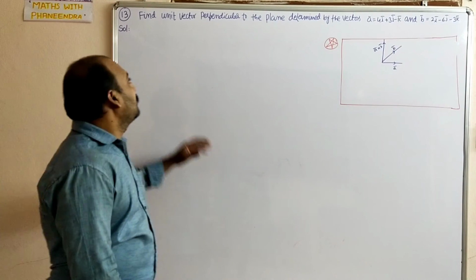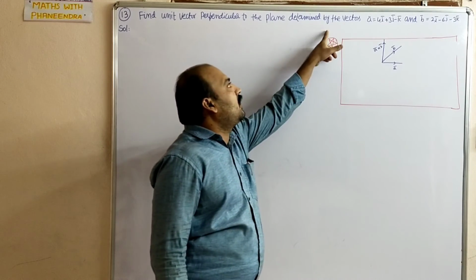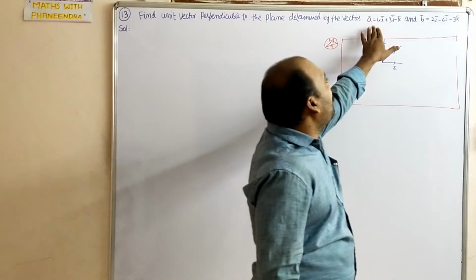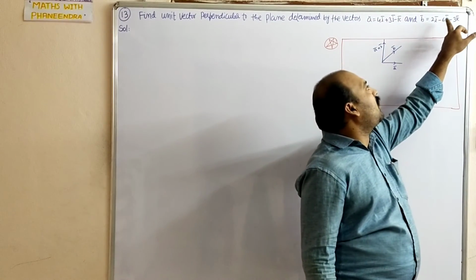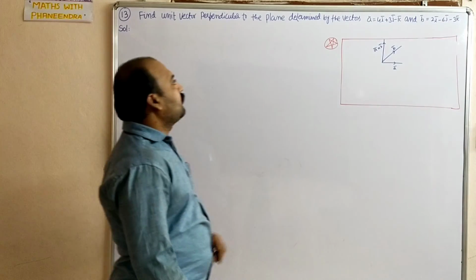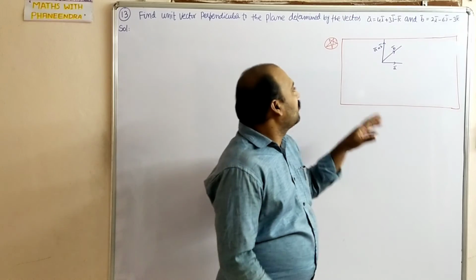The next question. Find unit vector perpendicular to the plane determined by the vectors A bar equal to 4i plus 3j minus k and B bar equal to 2i minus 6j minus 3k. So here we already discussed this type of question.